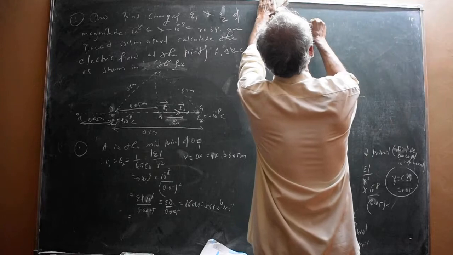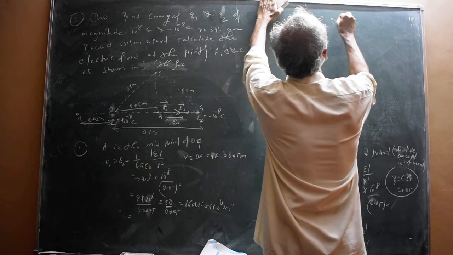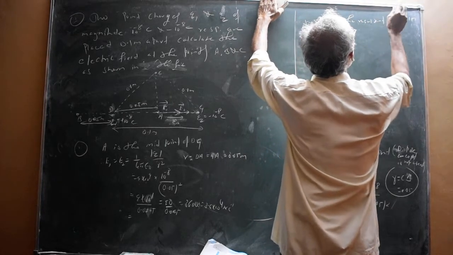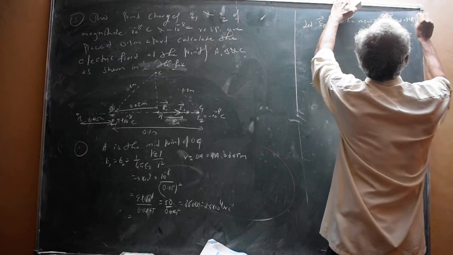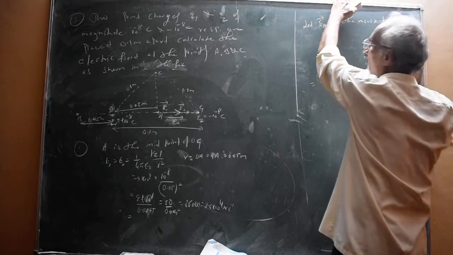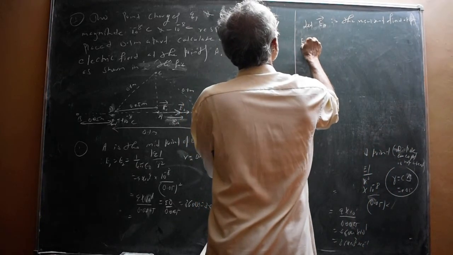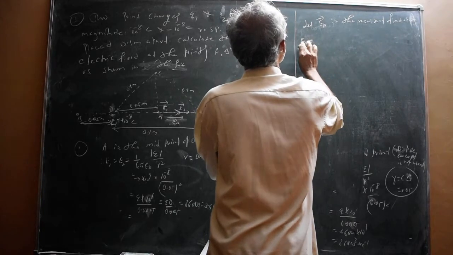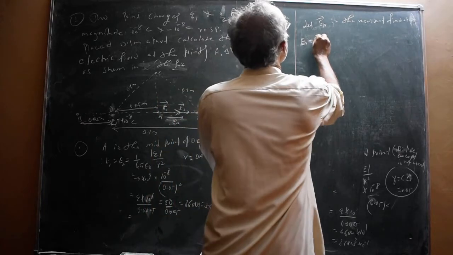Let us write EA bar as the field at point A. EA is equal to E1 plus E2. Why E1 plus E2? Both are acting in the same direction. The magnitude of the resultant, EA, means only magnitude, so EA = E1 + E2.